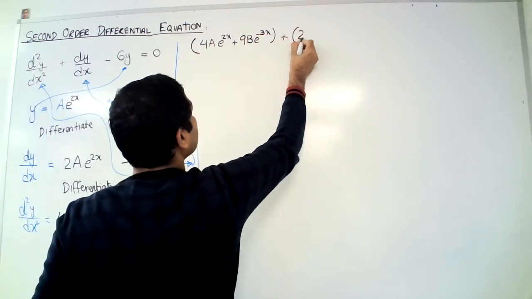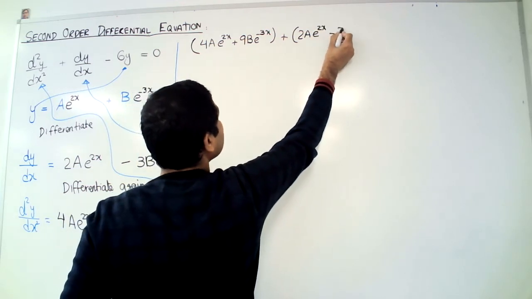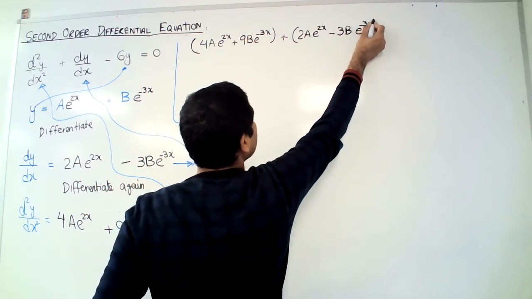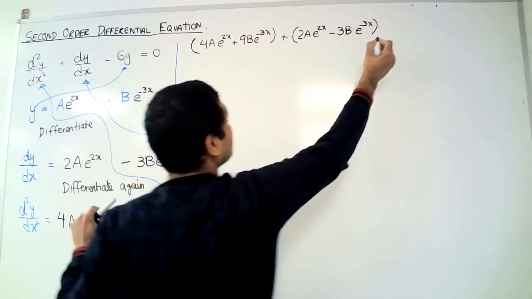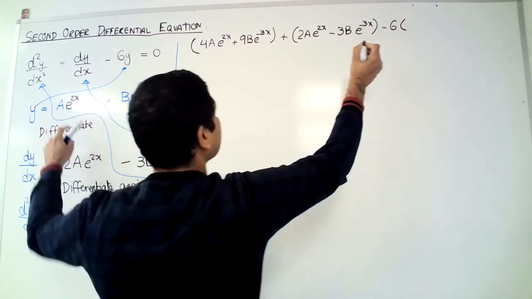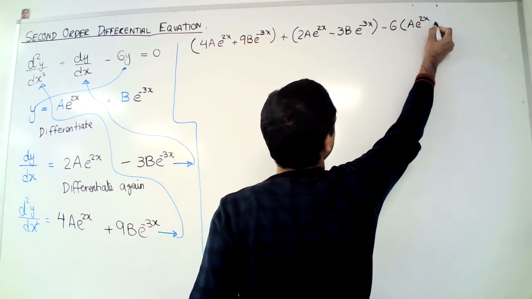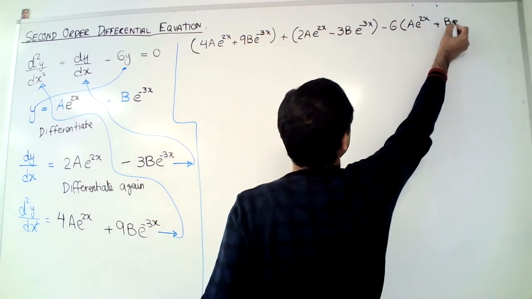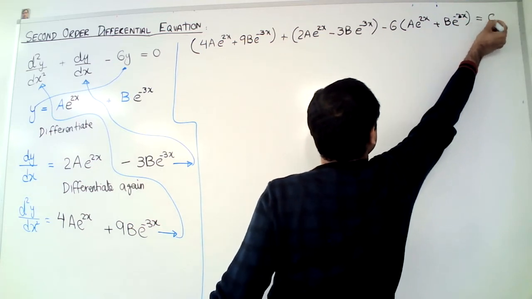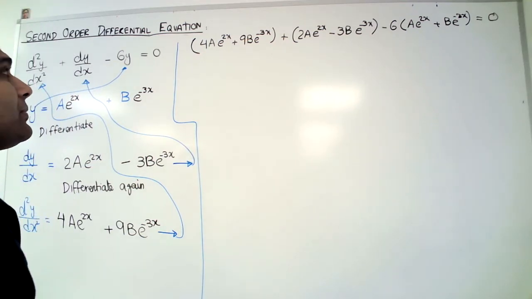So I got 2A e to the 2x minus 3B e to the minus 3x, and now minus 6. Minus 6 is already there, and instead of y, I need to put that one. A e to the 2x plus B e to the minus 3x equals 0. So I got that bit.